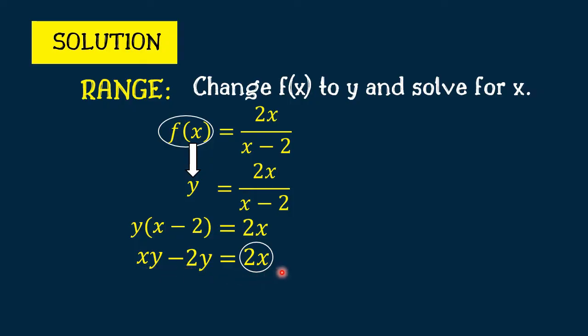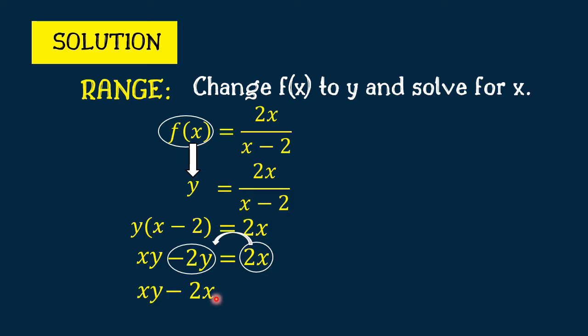Since ang 2x ay nasa kanan, kailangan natin siyang ilipat sa kabilang side para magkasama sila ng xy. And that will become xy minus 2x since it is positive on the right side. Again, kapag inililipat natin, if we are transferring terms or values on the left side or right side, the sign will be changed to its opposite sign.